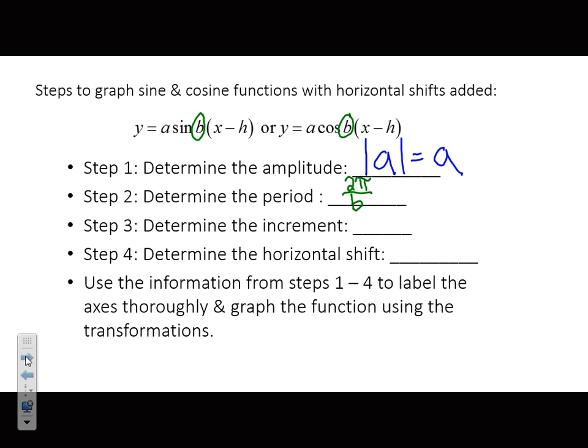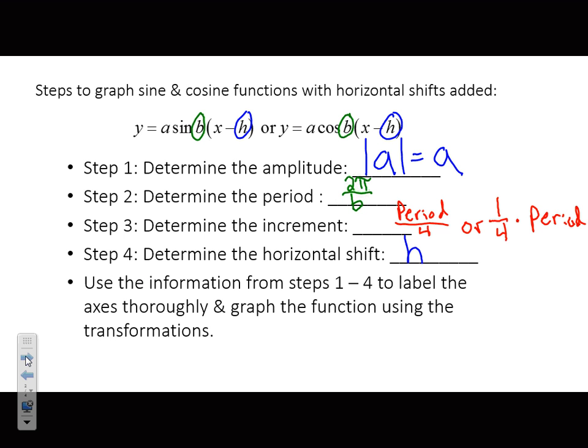Now when we're determining our increments, we're going to take whatever we got for the period and divide by 4. Or if your period was a fraction, you're going to do 1/4 times the period. Now when we do our horizontal shift, this is the new one, we're going to do whatever h is.